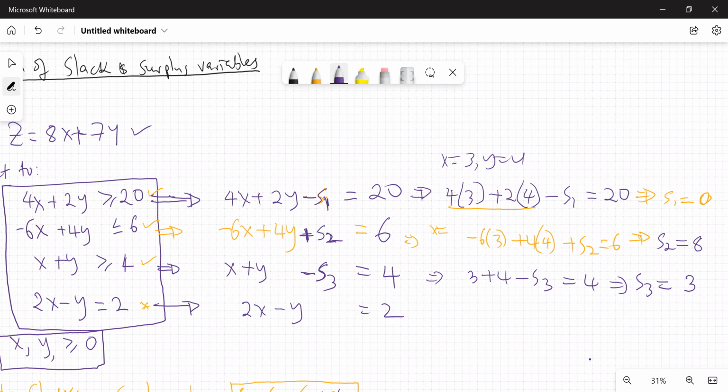So if you are asked to compute the values of the slacks and the surpluses, basically that's what you do.